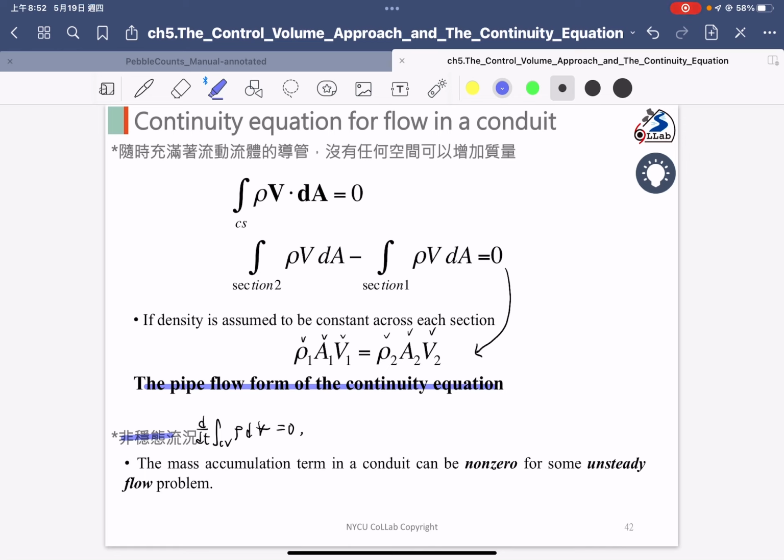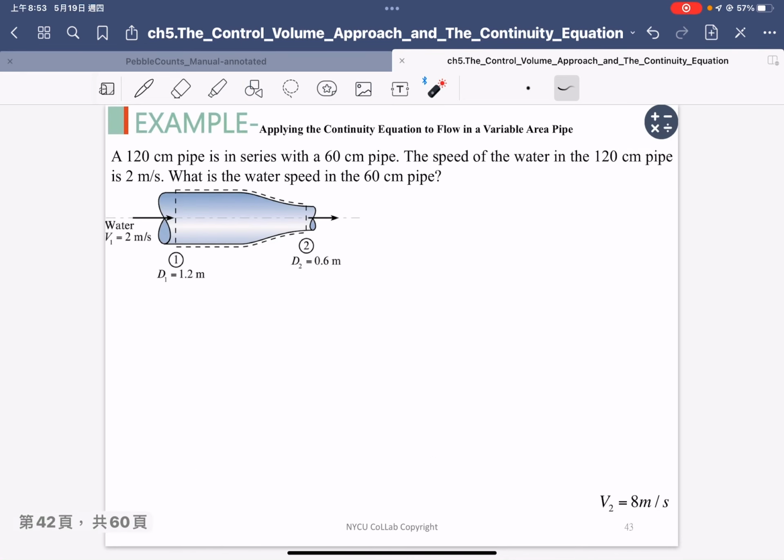So that may be non-zero for some unsteady flow problems. Okay, so you can keep that in mind. Right now we say that the continuity equation in here is only for the steady flow.